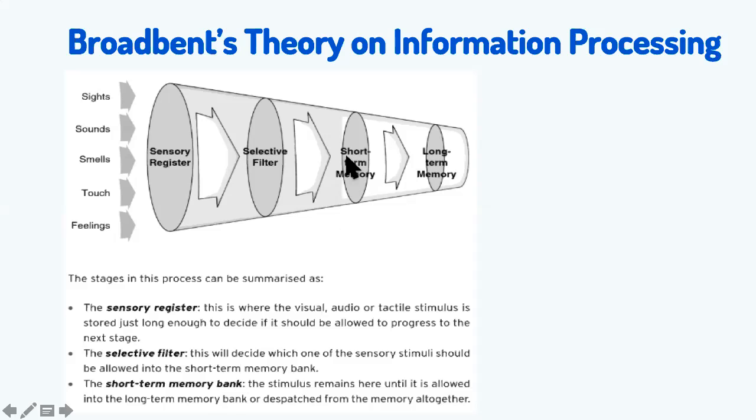And in the next stage, the short-term memory bank is able to process certain information, and certain stimuli remain here in the short-term memory, and some processes happen until it allows some information to be stored into the long-term memory bank or dispatched from the memory altogether.